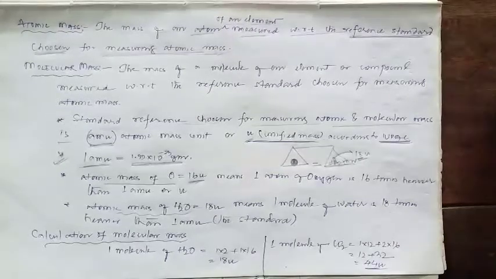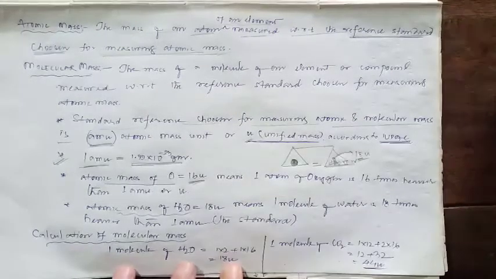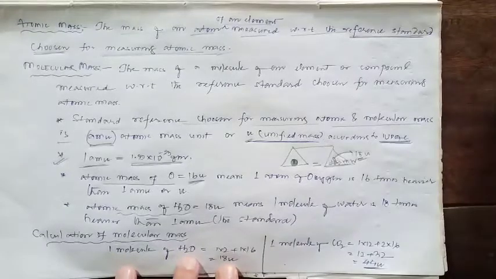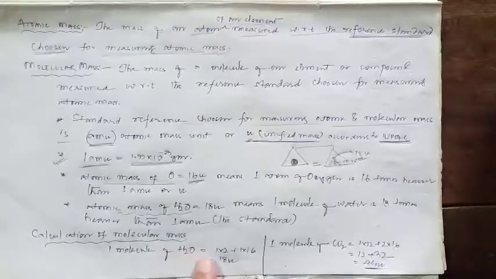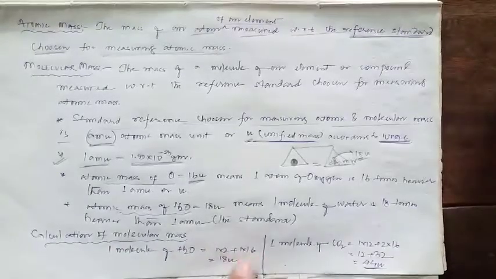Now student, let's try and understand the calculation of molecular masses. From where did we get this value of water molecule's mass as 18 unit? So we have a calculation. Suppose I want to calculate one molecule of water's mass. So one molecule of water equals 1 into 2 plus 1 into 16.